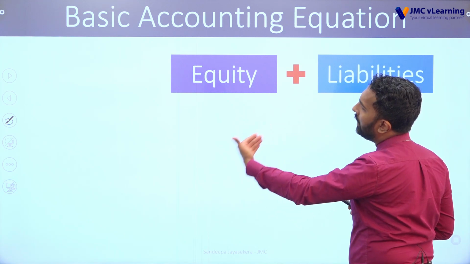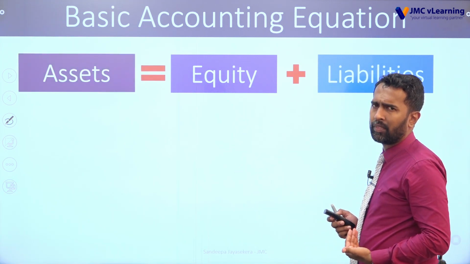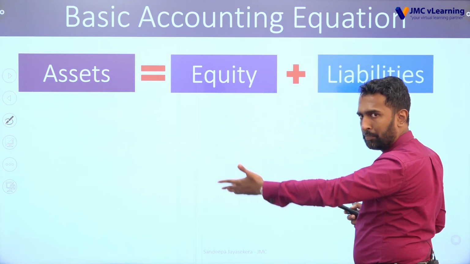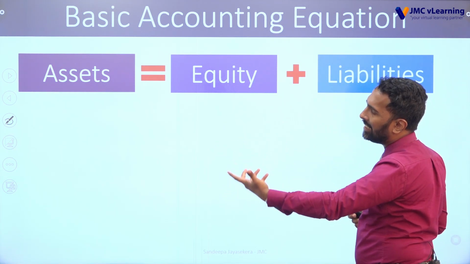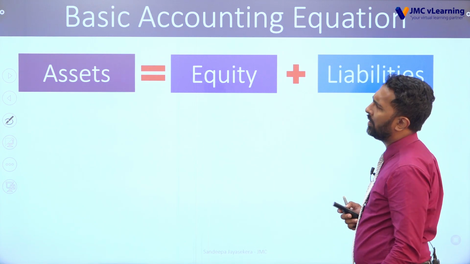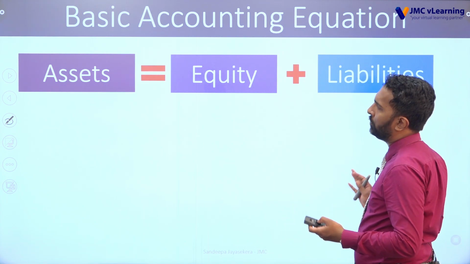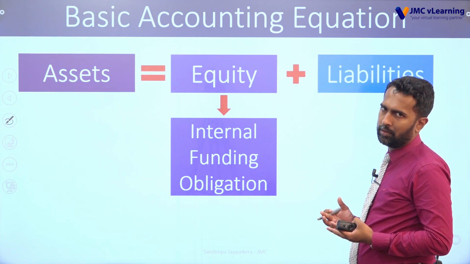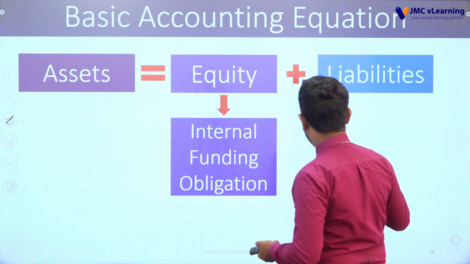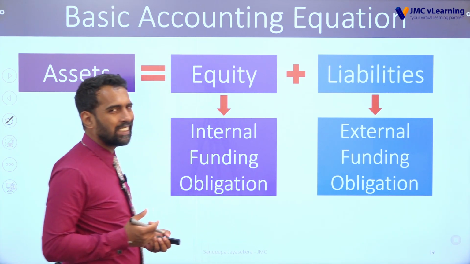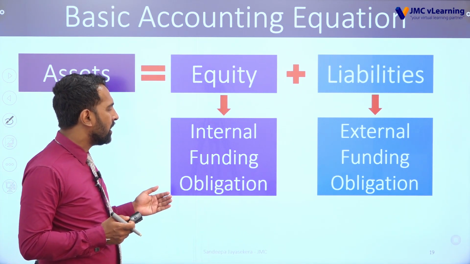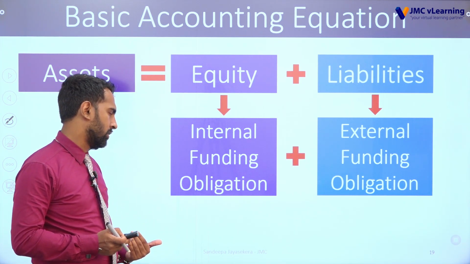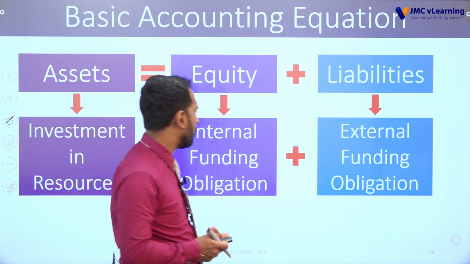And we say that is equal to the assets, right? Now, the total commitment, the total obligation to settle it back, is equal to our assets in the business. What does it mean? How are we going to tackle it? Let me explain. Equity is the internal funding obligation, and liabilities are the external funding obligation. So basically, this shows how we have been financed, the financing obligation, okay?